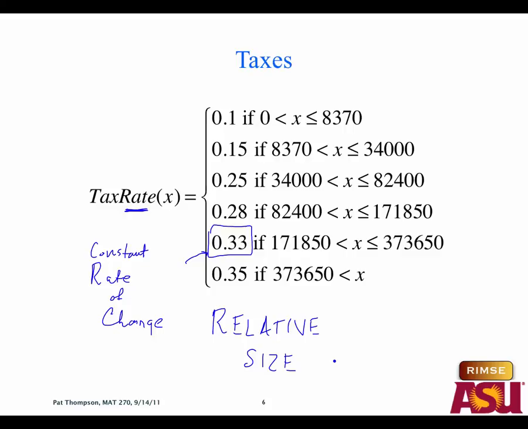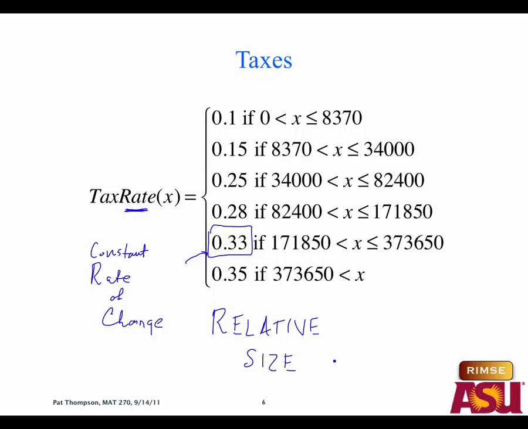What is 1/3 of what? Yeah, Jeff. Tax due. Right, it's the relative size of the tax due to the income, or the change in those things. It's the relative size of a change in the amount of tax due relative to the change in your income.